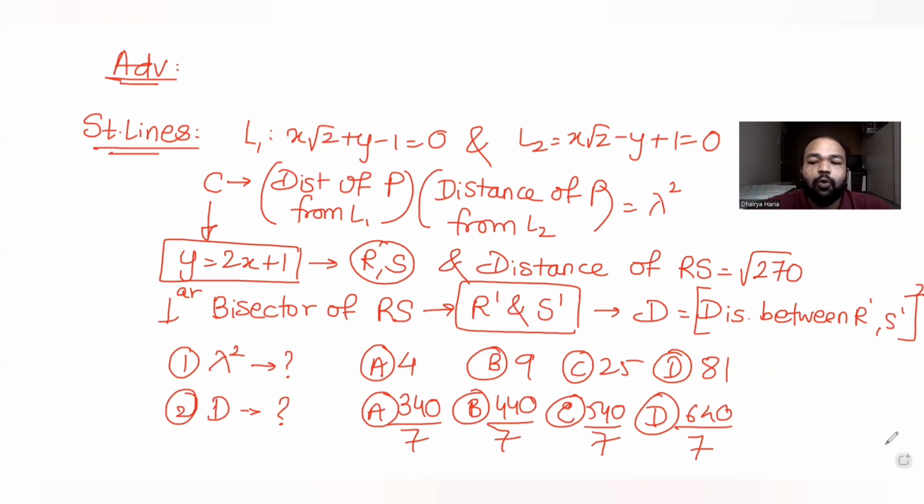Now let's see how we solve this. The first thing we will be using here is the concept that the distance of a point P, let's say the point P is x comma y, from the line ax plus by plus c is equal to 0, is given by mod of ax plus by plus c upon root of a square plus b square.